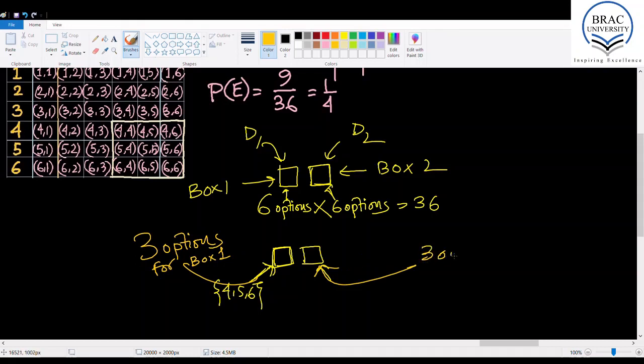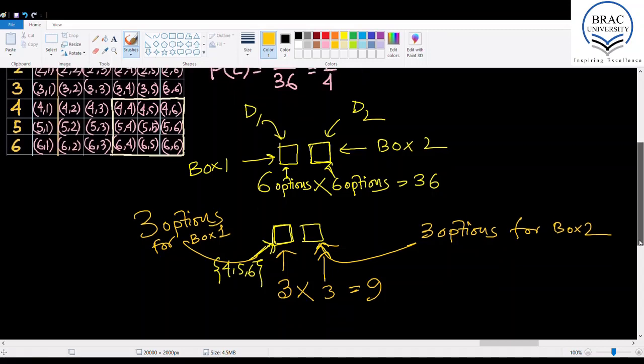Similarly, 3 options for box 2. So 3 times 3 equals 9 ordered pairs, or a total of 9 outcomes in the sample space that satisfy the condition in the question that both of the numbers are greater than 3.